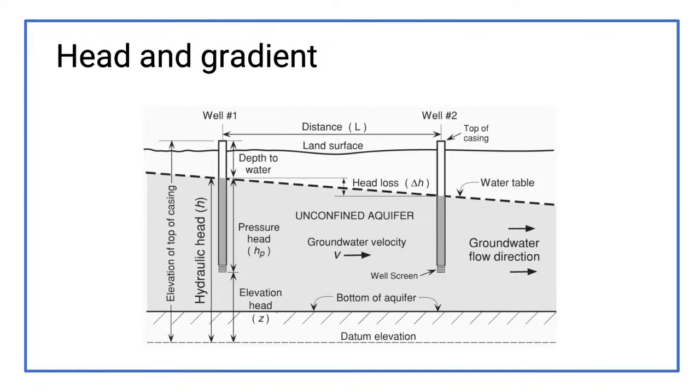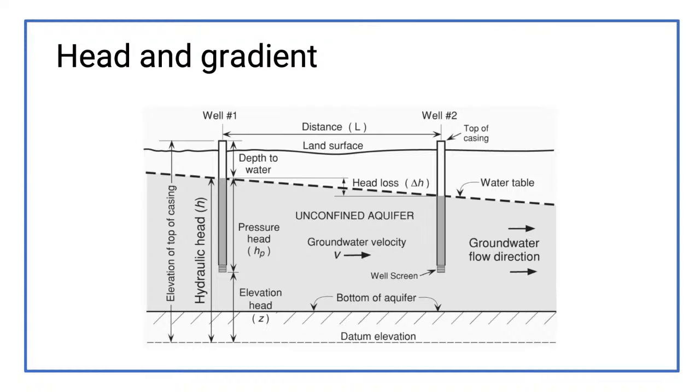But the easiest way to measure the gradient is basically just to calculate the difference between two wells, usually parallel to the direction of groundwater flow, and that'll give us our actual gradient. It's usually going to be foot per foot. So we're looking at the water level in well one and the water level in well two.